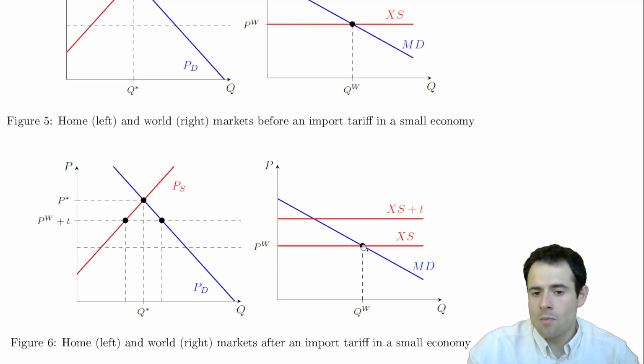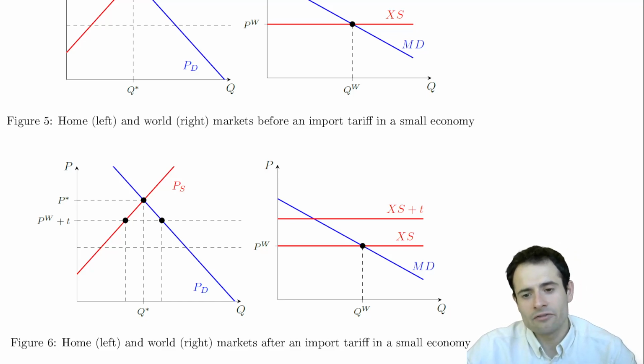The new equilibrium will be at this point here, but note that because the export supply curve is perfectly horizontal, the price went from PW to PW plus T. So the world price simply increased by the tax, the import tariff T.